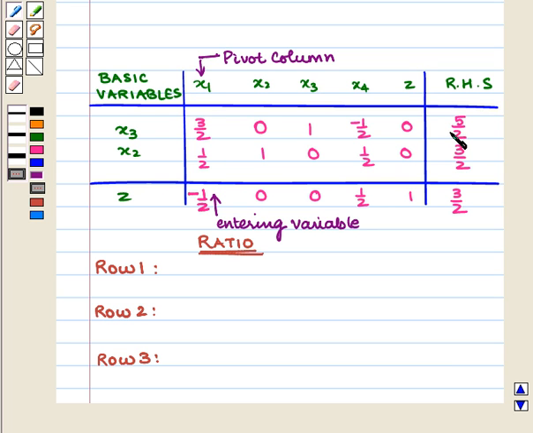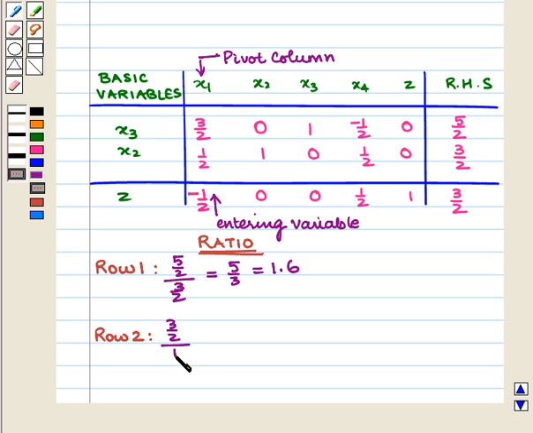We get 5 by 2 divided by 3 by 2, which is equal to 5 by 3, which is equal to 1.6, and 3 by 2 divided by 1 by 2, which is equal to 3 divided by 1 equal to 3.